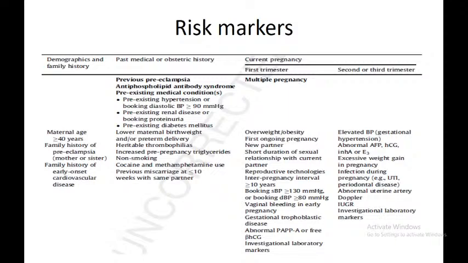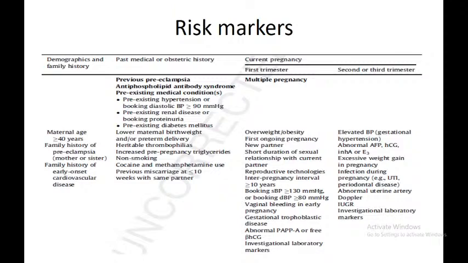And the other important risk factor is a previous history of miscarriage, and that too if it is less than or equal to 10 weeks with the same partner. So again she is likely to develop this condition in the present pregnancy.